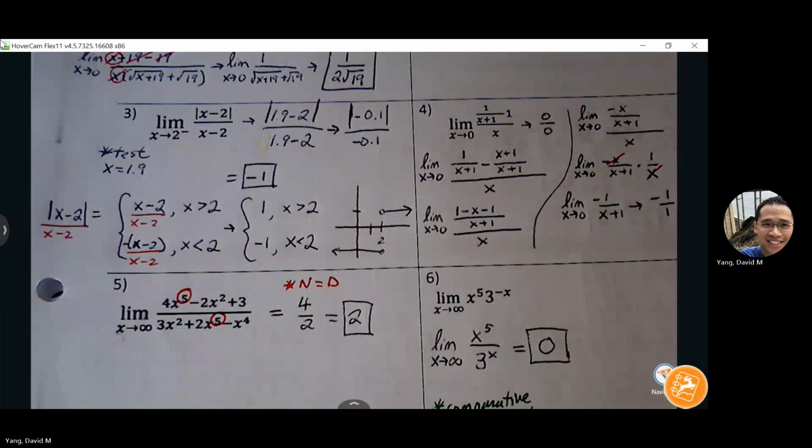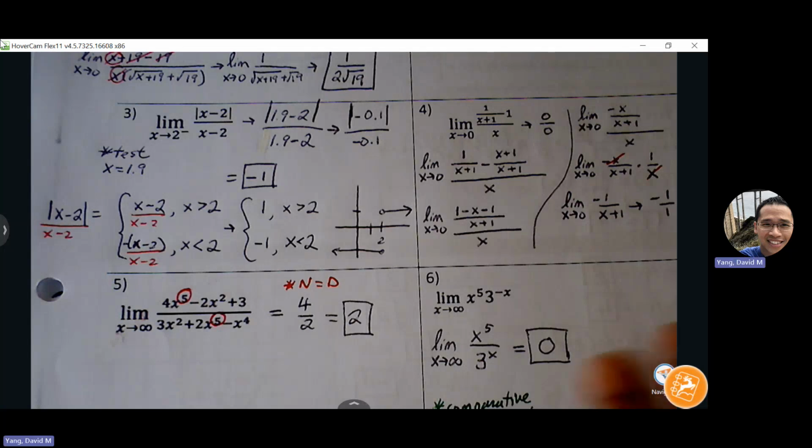So don't do all this work, but I think it's good if you can not only do it from one perspective, but you can also create a graph and have another way of confirming your answer. But just want to show you.